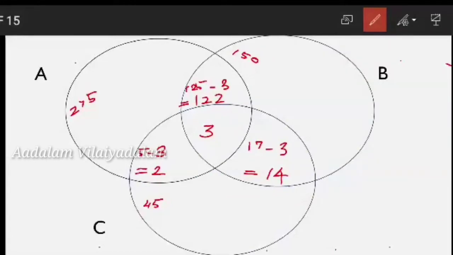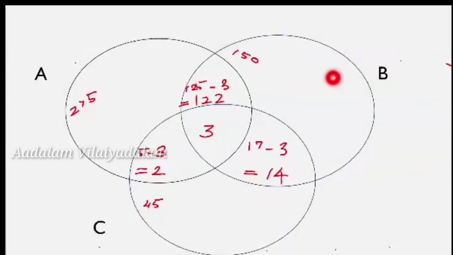The same way, 5 minus 3 we get 2. Now this answer 122 is common for A and B. This answer 14 is common for B and C. And 2 is common for A and C, the people who buy Tamil and Hindi newspapers. B and C are English and Hindi newspapers.